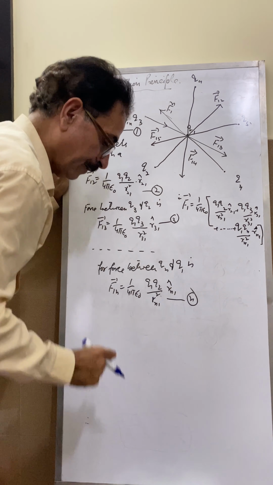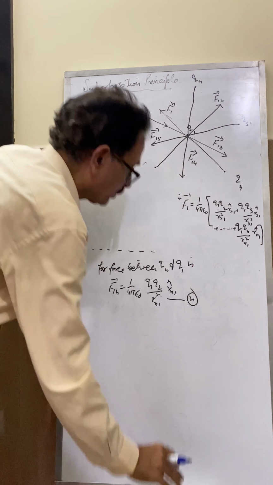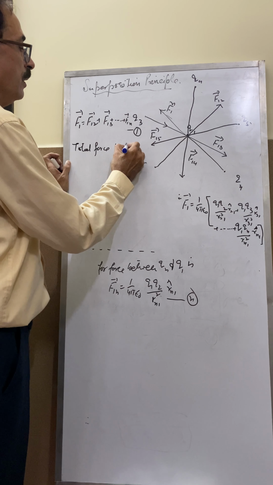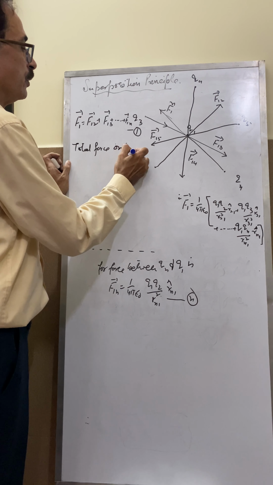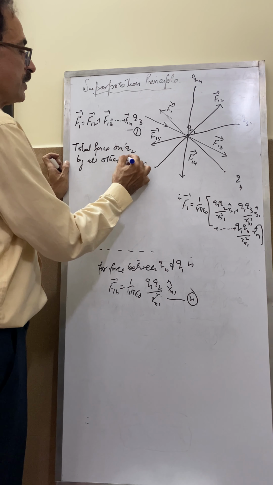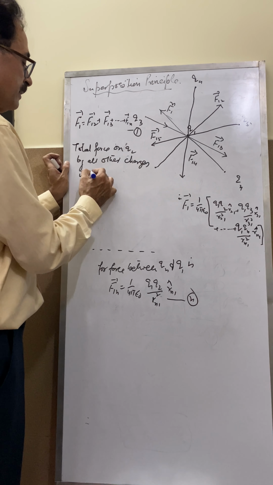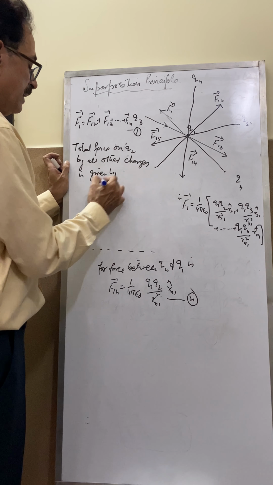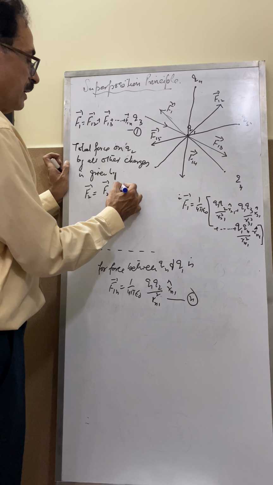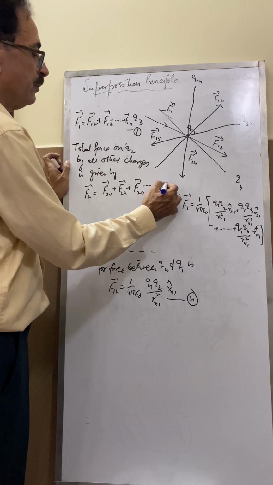At that time we can say the total force on Q2 by all other charges is given by F2, which can be written equal to F21 plus F23 plus F24 plus dash dash dash plus F2n.